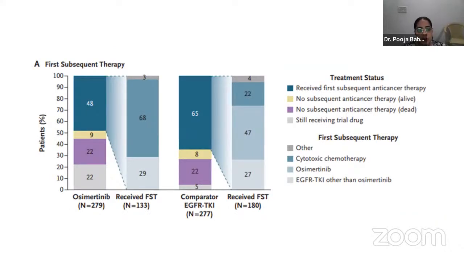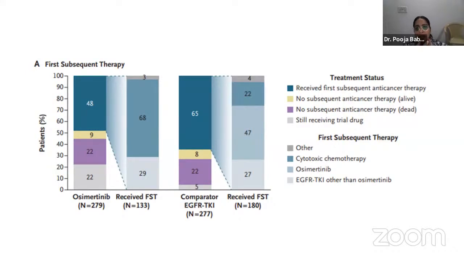Now, first line subsequent therapy: first line osimertinib versus the first generation TKI. We can see that almost 60 to 70% of the patients received subsequent therapy, and almost 30% of the patients in the EGFR TKI arm received osimertinib.